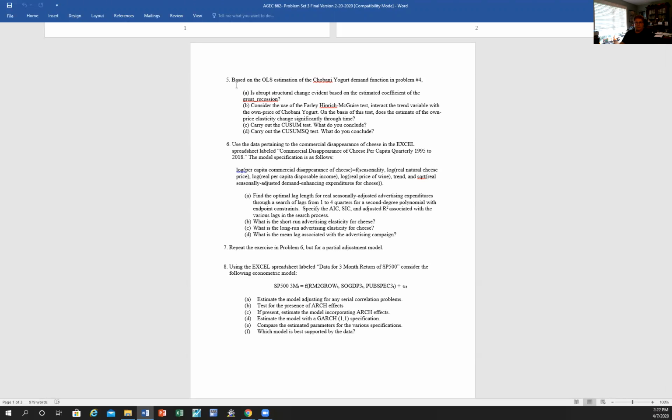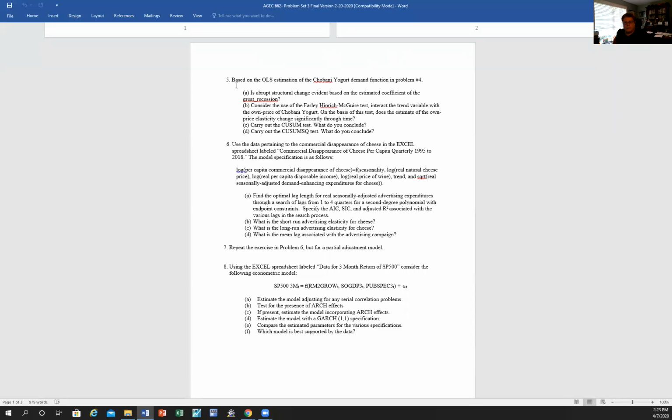But since we have thrown in that dummy variable corresponding to abrupt structural change, that estimated coefficient turned out to be statistically significant. So that's consistent with what might be done with a Chow test by incorporating a dummy variable. Remember, if we had used the standard Chow test. Here in this case, we had already done that with the Great Recession.